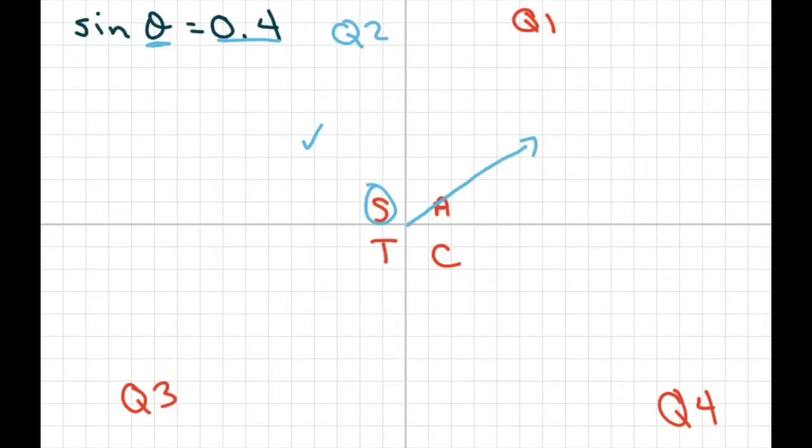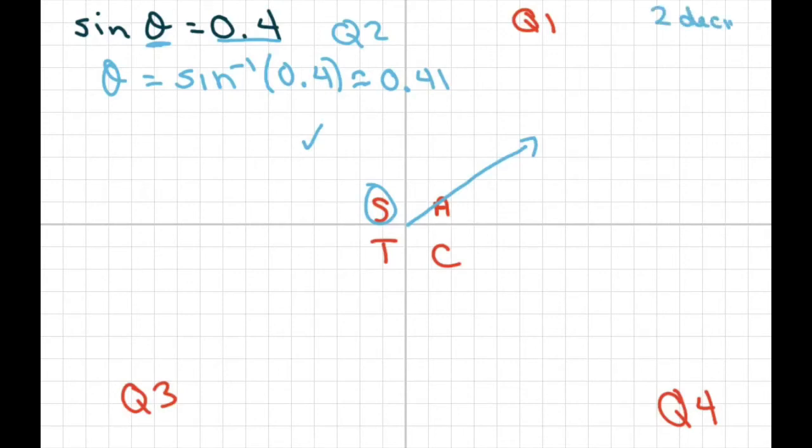We're going to take the inverse: sine theta equals inverse sine of 0.4. In the calculator, you're just going to put 0.4, and that's going to give you approximately 0.41. We round it to 2 decimal places. Alright, so that would be this one.